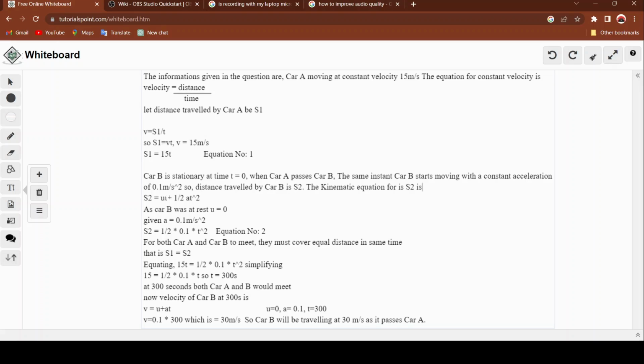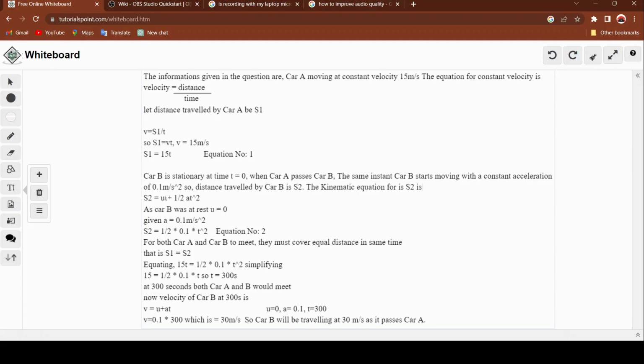Now we want to know where these two cars would meet. For both car A and car B to meet, they must cover equal distance in the same time. That is, S1 should be equal to S2. Here we can equate equation number 1 and equation number 2.